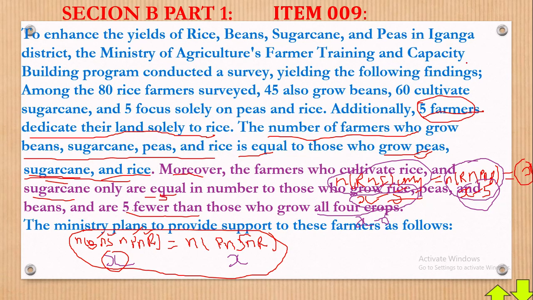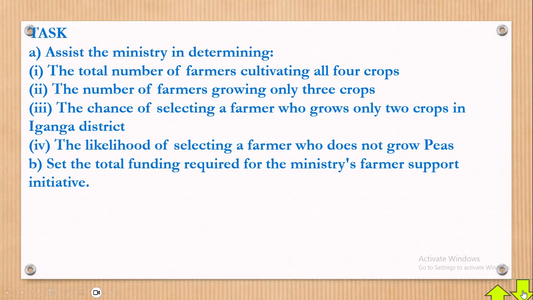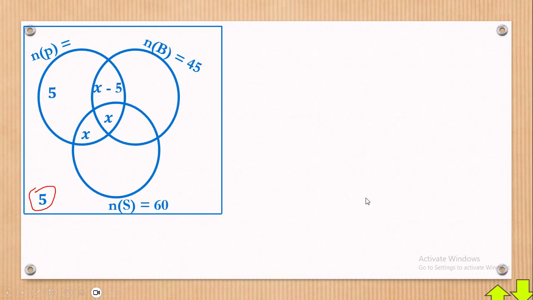So if you have the Venn diagram like this, we have 1, 2, 3. This one is for peas, this one is for beans, this one is for sugar. The only odd man out is rice, and since these grow rice only, the 5 will appear outside like that. I hope that makes some sense. Now we are entering the values, and that's how that 5 came.